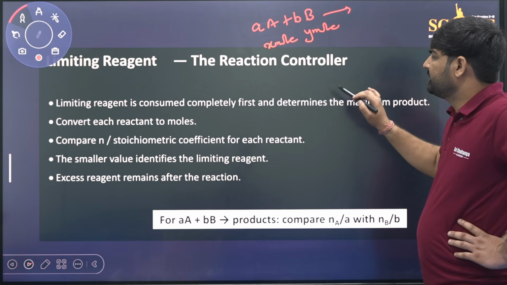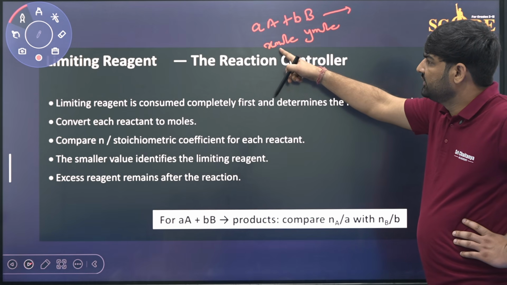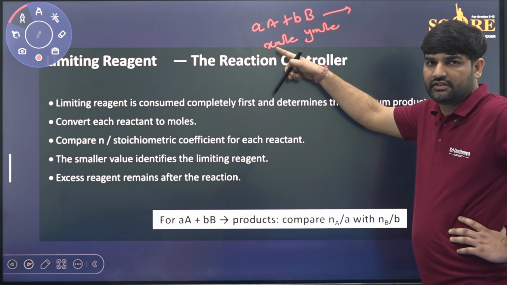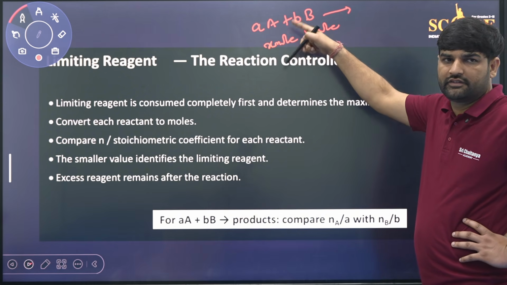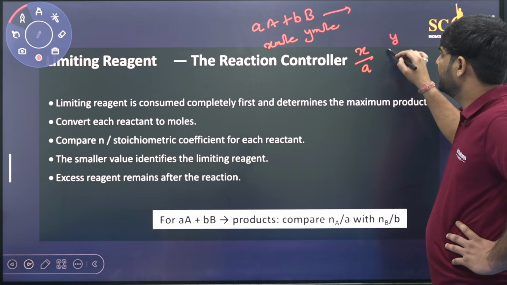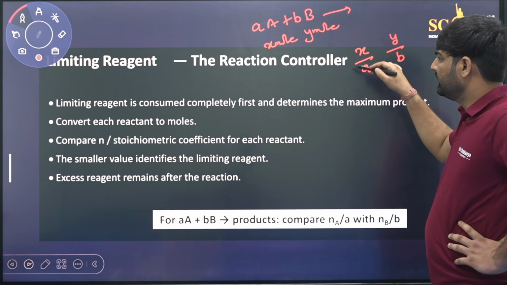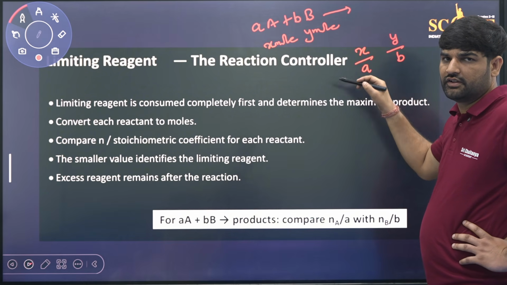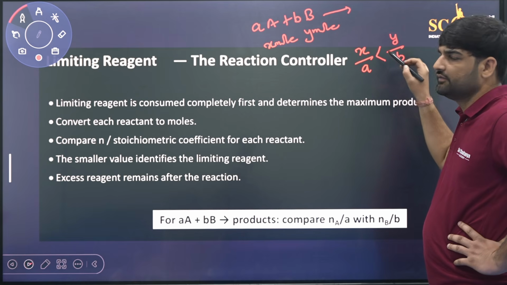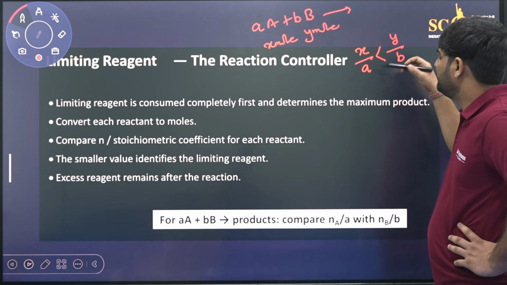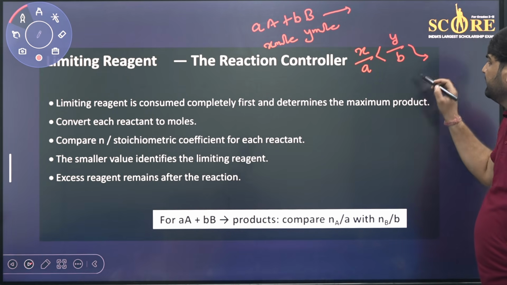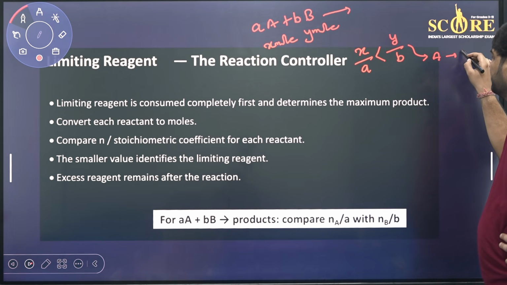So the basic approach is that we have to divide the moles by the stoichiometric coefficient. This is X upon a, this is Y divided by b. Which value will be minimum? That is known as the LR. So if X by a is less than Y by b, then you have to say that A is the limiting reagent.